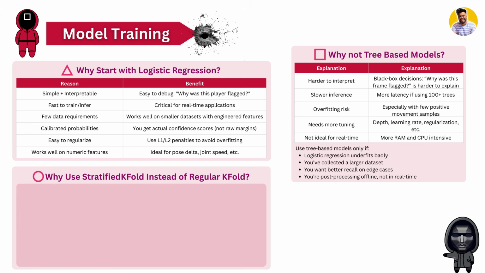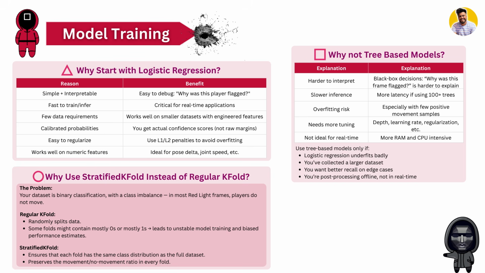Okay, then why do we use the stratified k-fold here, not the other k-fold methods? Because the problem we have is binary classification with class imbalance. In most of the red light frames, players do not move. So if we use the regular k-fold, then a random split of data happens, and some folds might contain only zeros and others mostly ones, leading to unstable model training and biased performance estimates as well.